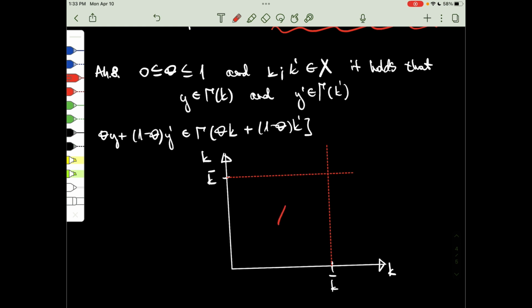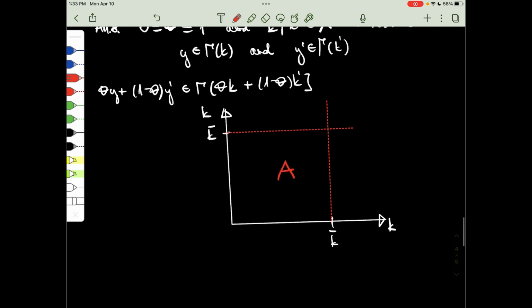So this is A, the figure, the graph of the feasibility set, and assumption 4.8 practically means that, let me use different colors, for any possible states, the convex combination of any two feasible choices is also an inner point of the graph.